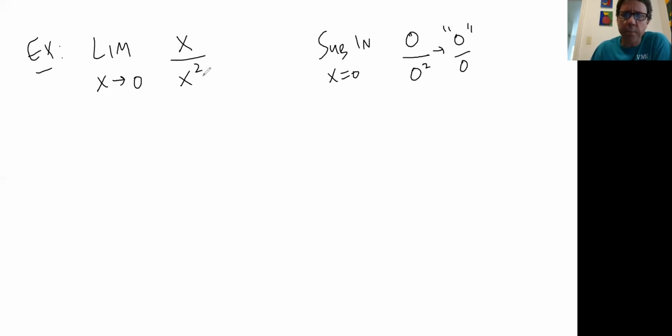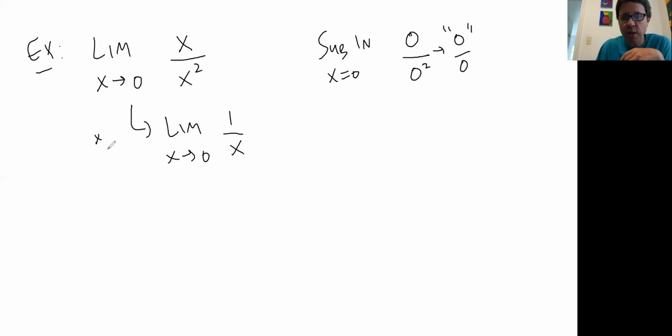But what happens as you plug in numbers that are getting closer and closer to 0 for this one? Well, it turns out that we've done this one before, but since x is not actually 0, it's a limit, so it's getting closer to 0.